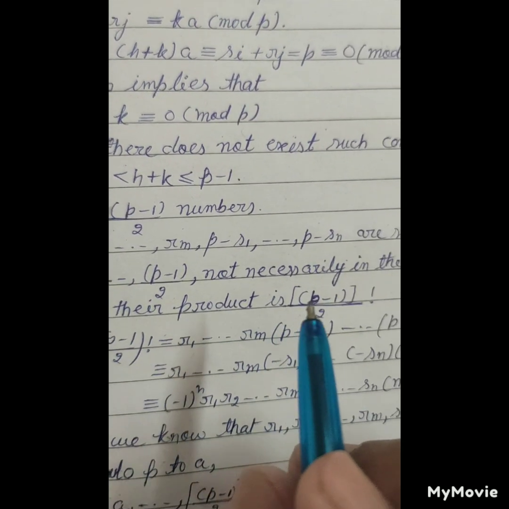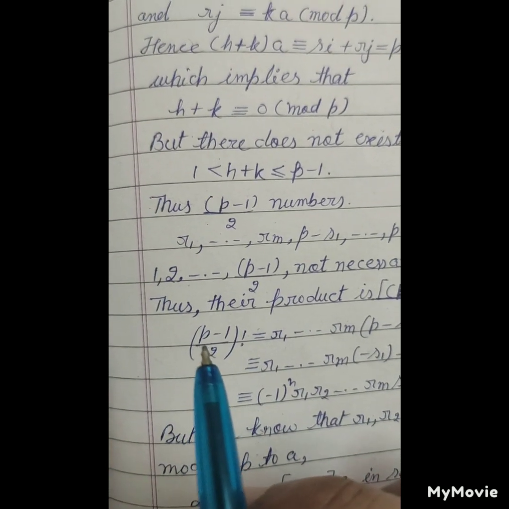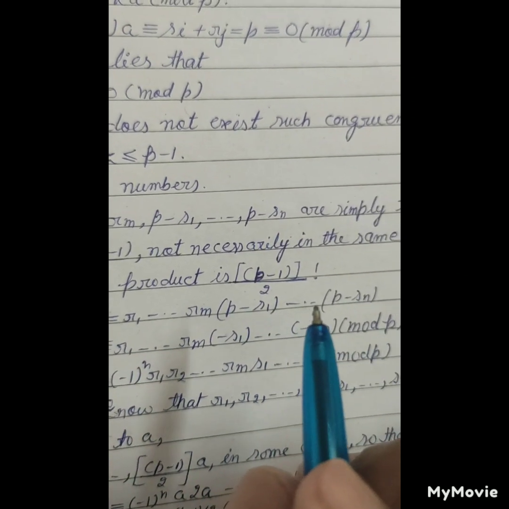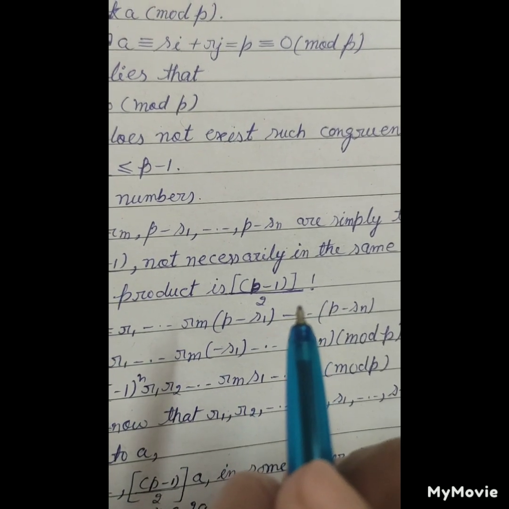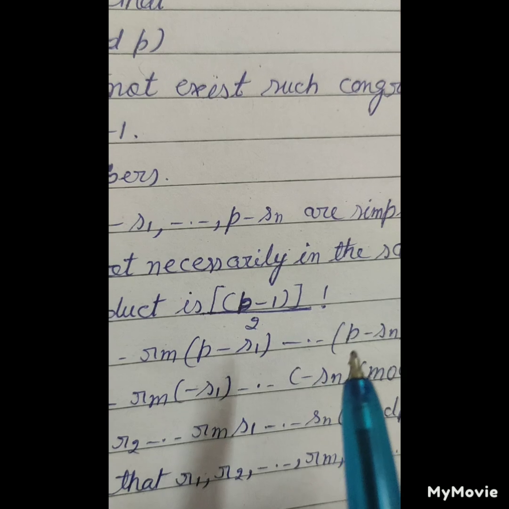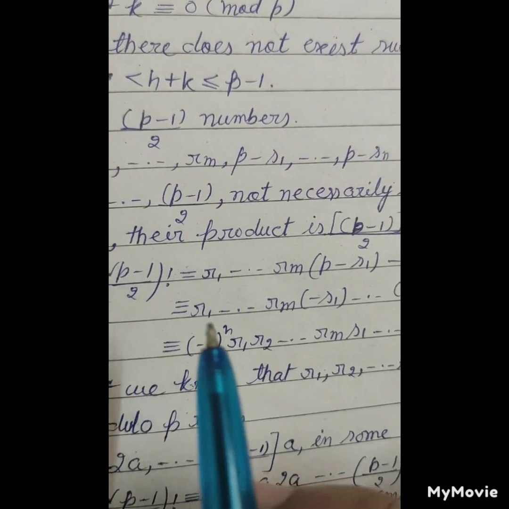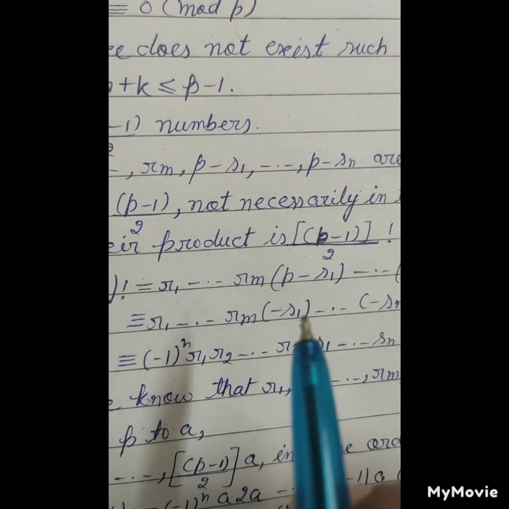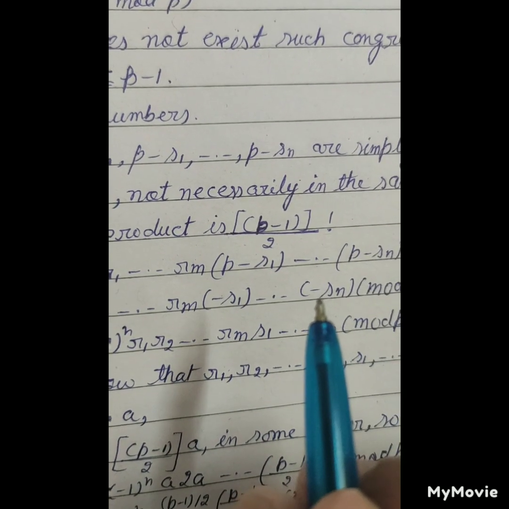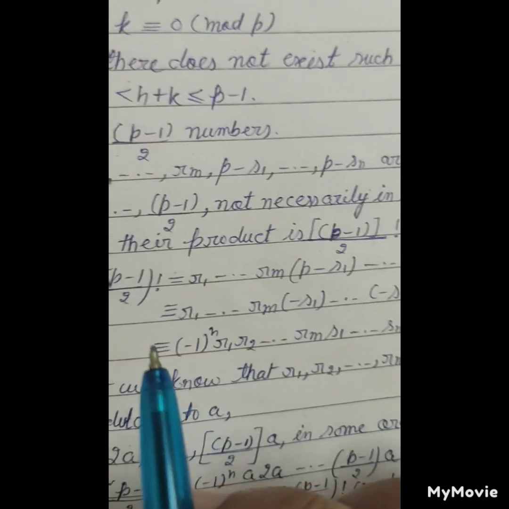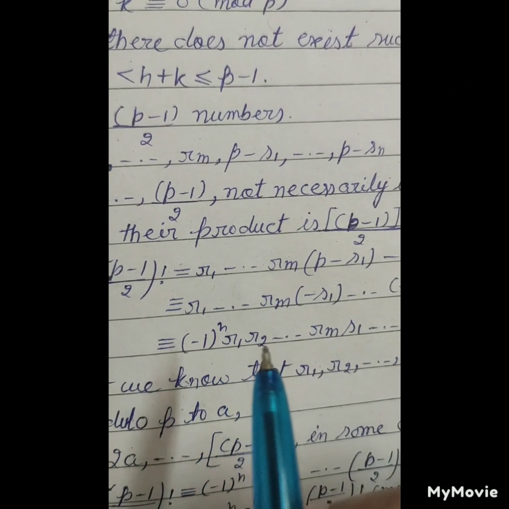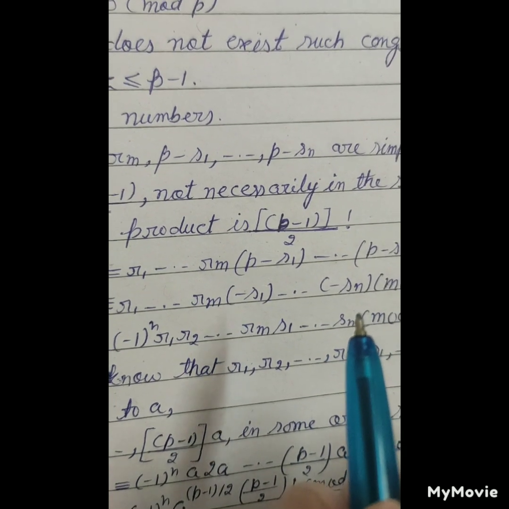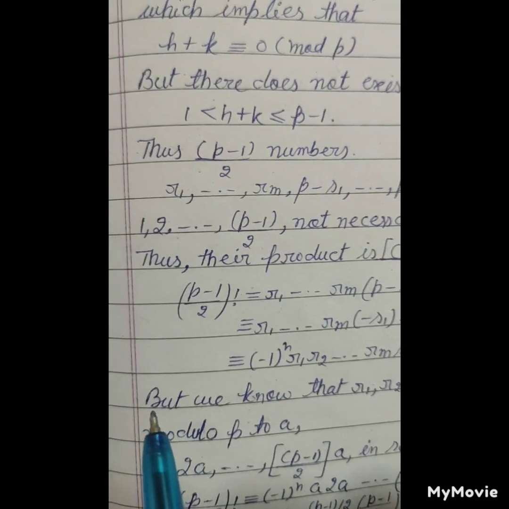Thus their product is ((p-1)/2)!. So ((p-1)/2)! = r1 ... rm (p - s1) ... (p - sn) ≡ r1 ... rm (-s1) ... (-sn) (mod p) ≡ (-1)^n r1 r2 ... rm s1 ... sn (mod p).